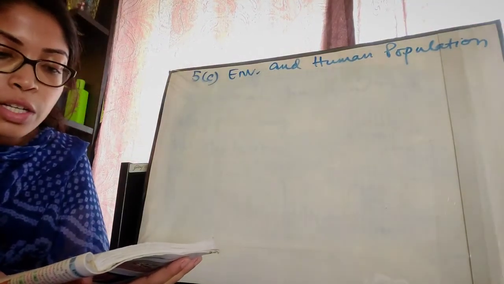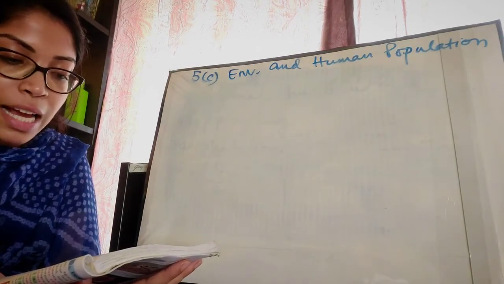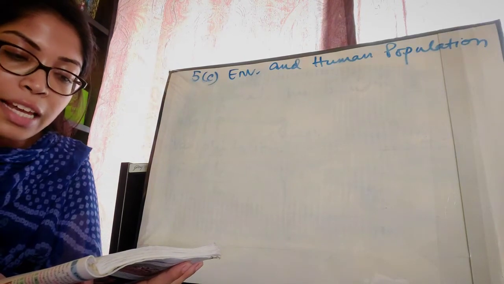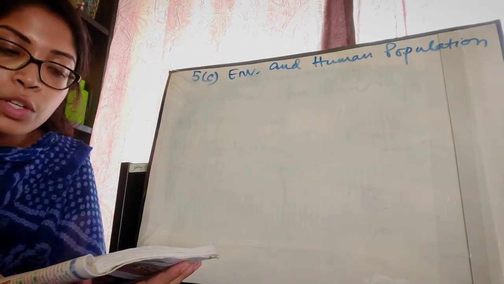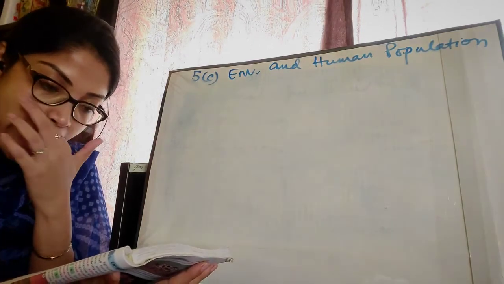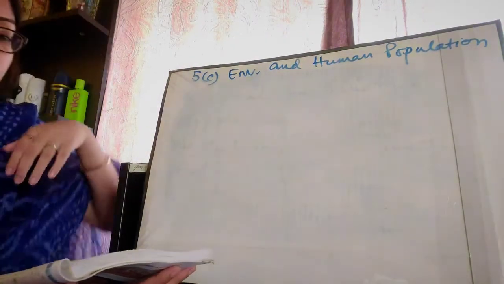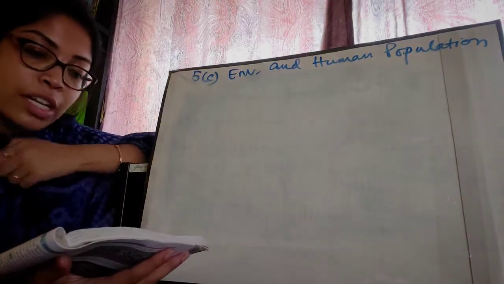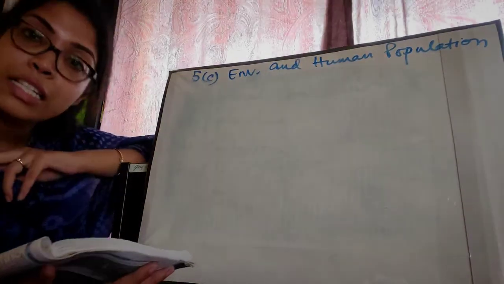The natural surroundings of an organism which affect its life by directly influencing its activities is called an environment. It consists of lithosphere, which is soil, rocks, etc., and also atmosphere and hydrosphere, meaning water, etc. So the first paragraph is what environment is, its definition, and what it consists of.